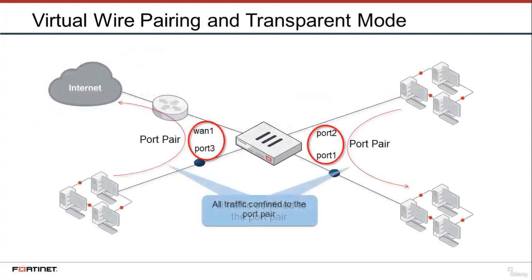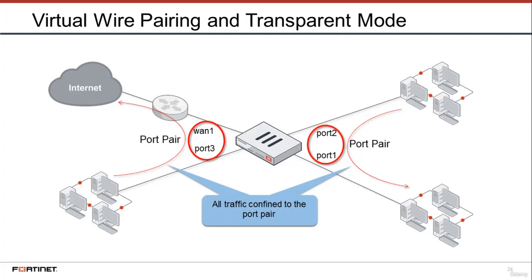Virtual wire pairing and transparent mode. This slide shows an example of 2 virtual wire pairs used on FortiGate in transparent mode. This FortiGate has 4 ports, each connected to different physical locations, but traffic is not allowed to flow between all 4 locations.